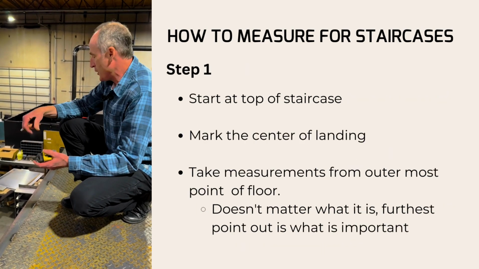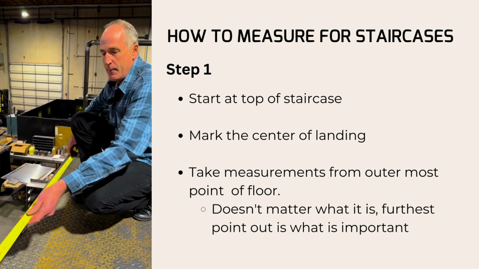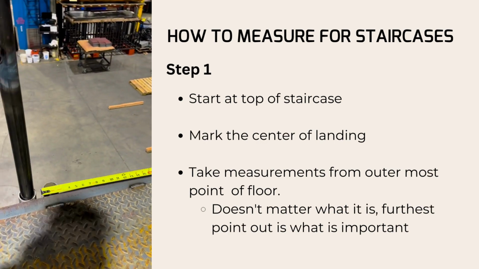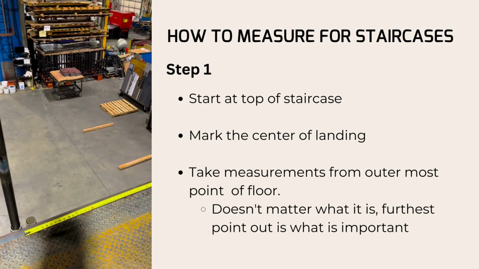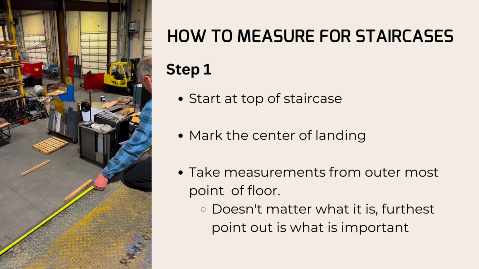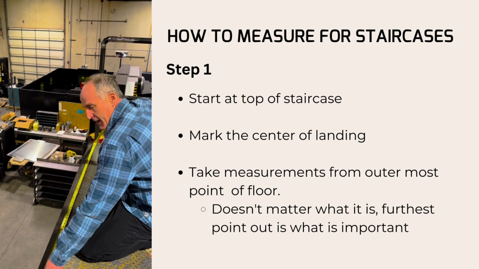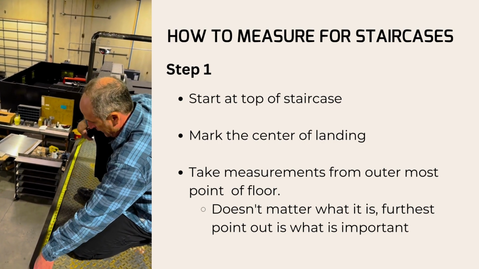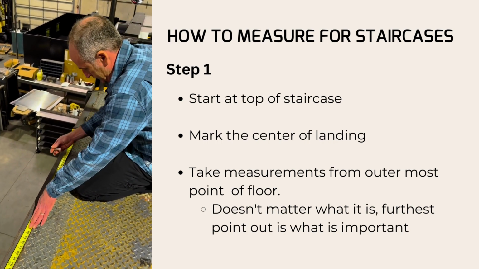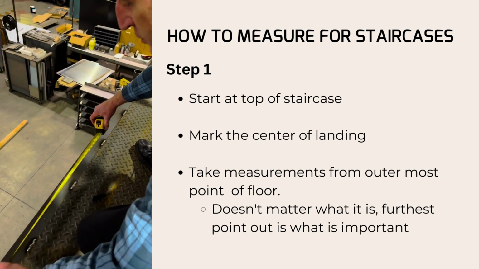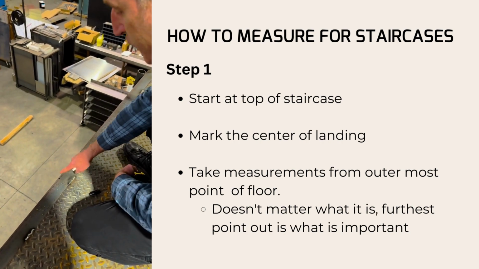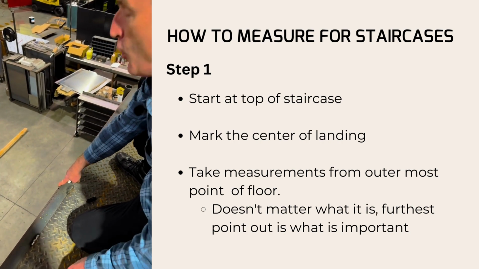So all I'm going to do is mark the center of my landing, which is basically going to be between these two rails. I got 8 feet, so I'm going to mark 4 feet. And I'm going to be taking my measurements from the outermost point of my floor.